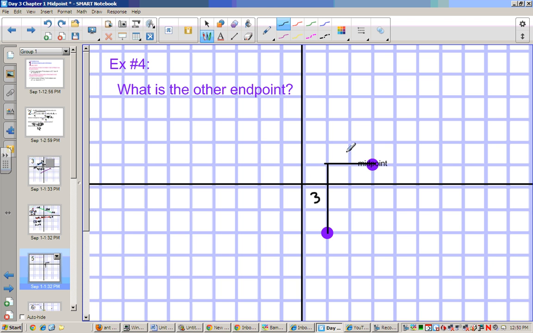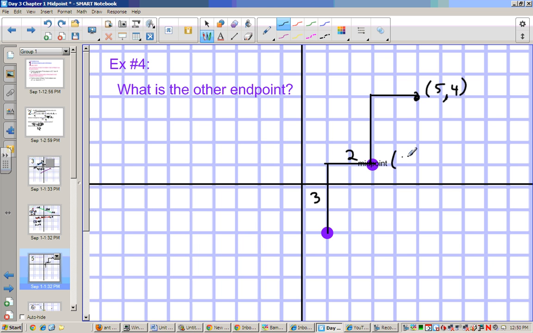I went up 3 and to the right 2. So at the midpoint, I'm going to do the same exact thing. Up 3 over 2, and then I'll find this point. Now I just have to label that. That's 1, 2, 3, 4, 5, and up 1, 2, 3, 4. So that's 5 to the right, 4 up.